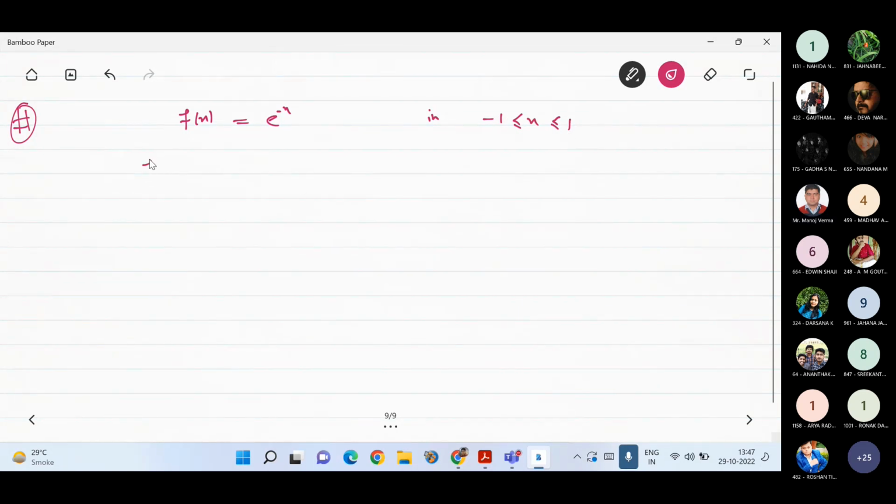Now simply this f(x) can be written as summation Cn e raised to the power iota n pi x by L, plus summation C minus n e raised to the power minus iota n pi x by L, and of course C naught. So I want to find this integral.